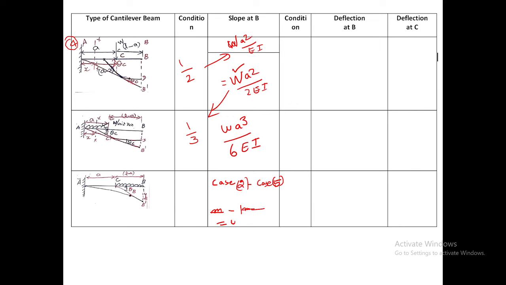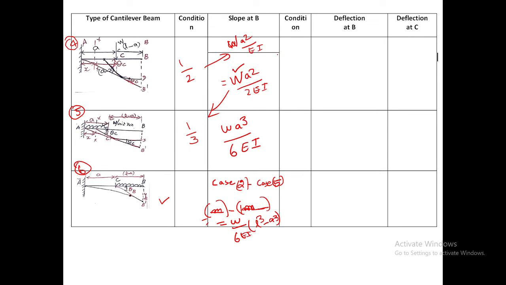The value is W divided by 6 E I times L cube minus A cube. So minus of uniform distributed load minus distributed load in the beginning only. Minus of these two, you can get the value of case 5, case 6. Okay, next condition.